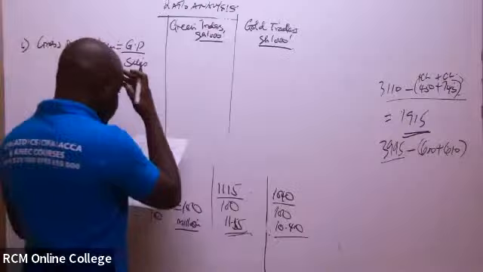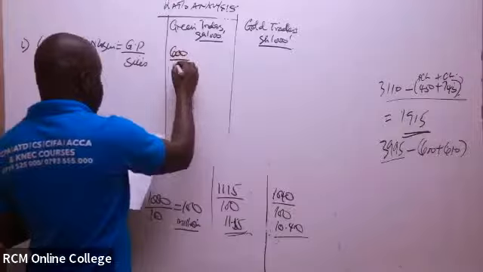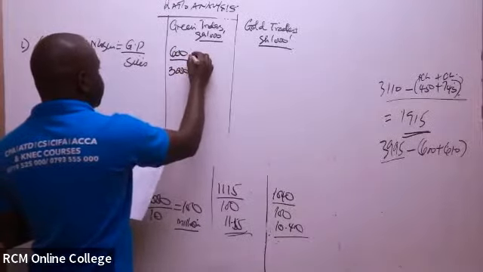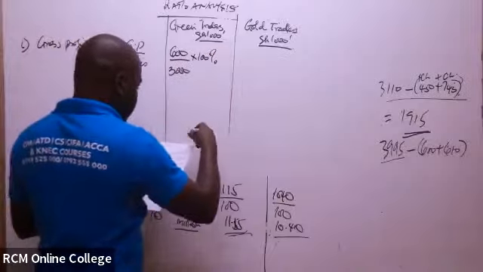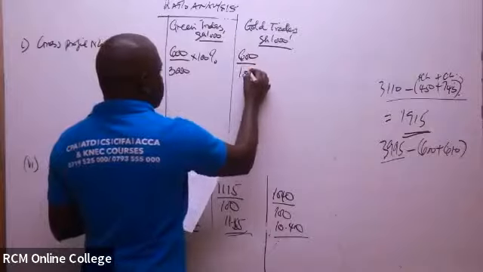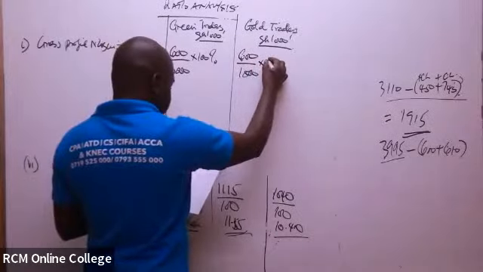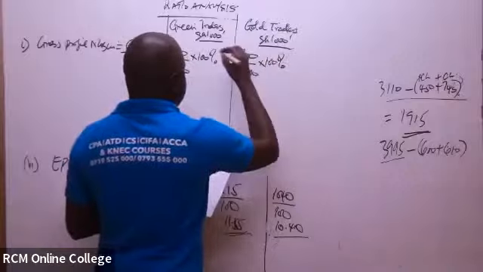So for this first company, it is 600 over 3 million multiplied by 100%. For the second company, it is 600 over 1800 multiplied by 100%.